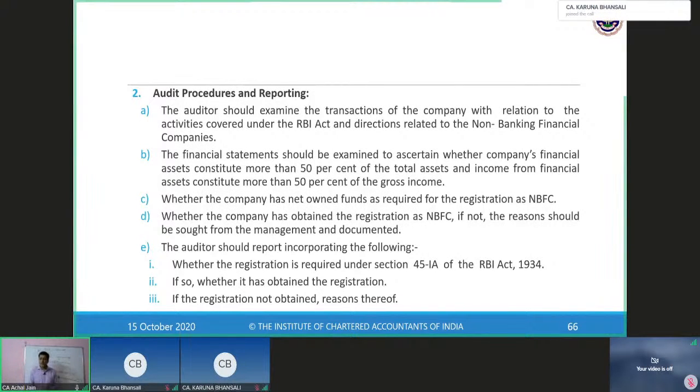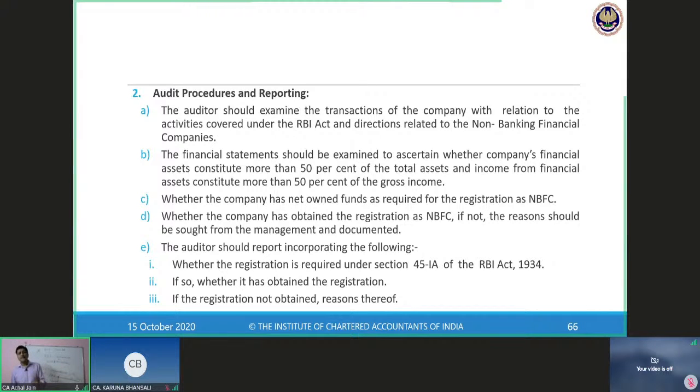And if you'll see, all of these procedures would have already been performed by the auditor, even if no such requirement would have existed under CARO. Even if no such requirement would have existed for reporting the auditor to the board. Why?